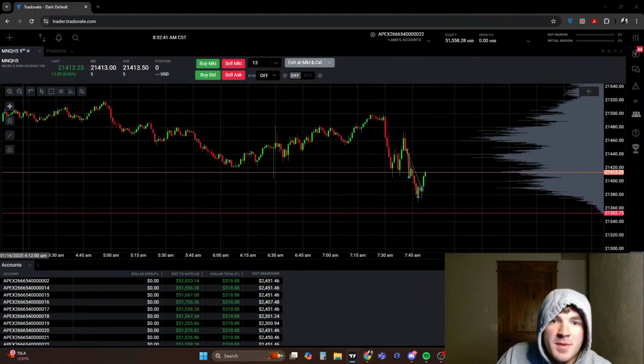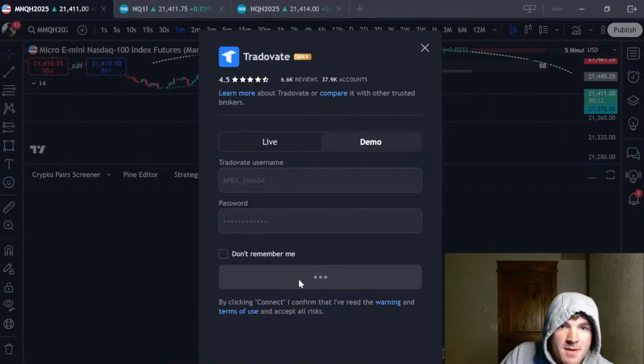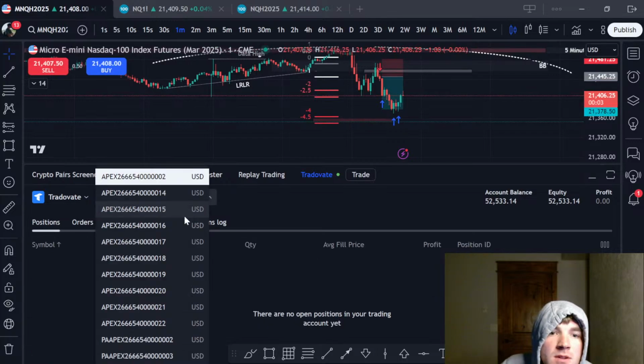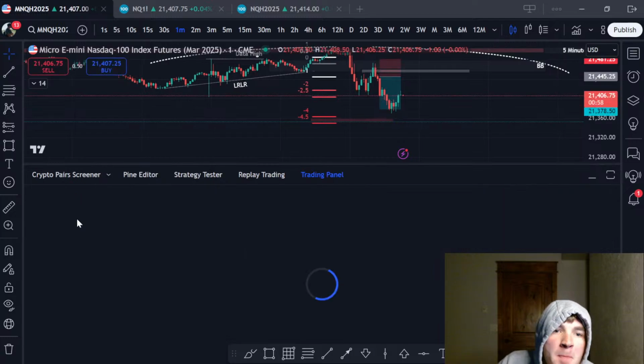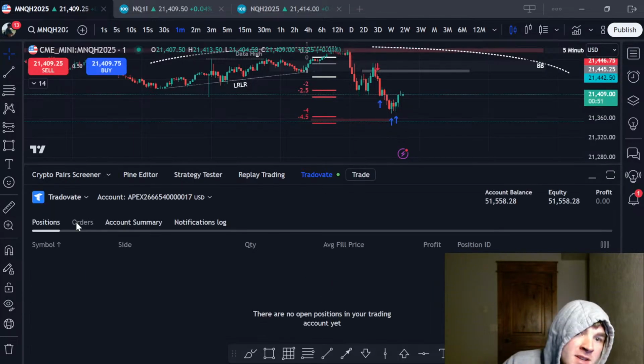Let me just check for no open orders, and then I will go to the bathroom real quick. And yes, I'm checking all of them one by one because it is a pain in the butt if you forget an order.